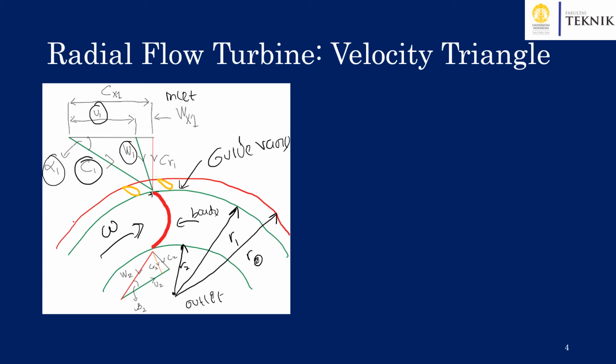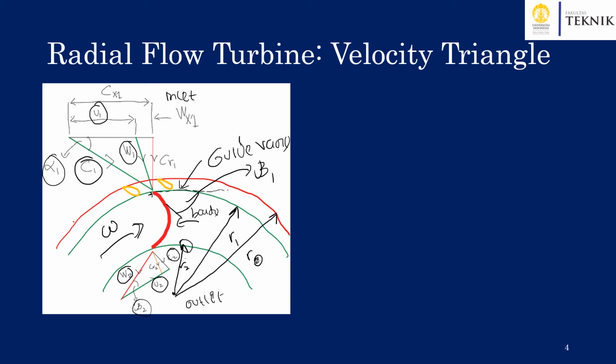And also we have the angle here between the blade, this is beta 1 at the inlet condition. And at the outlet, at radius 2, at this point, the fluid leaves at the blade angle of beta 2, and we also have the components of the absolute velocity C2, the relative velocity, and the blade speed at the outlet.